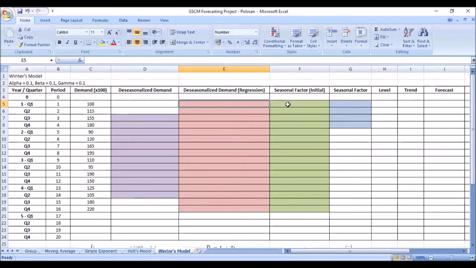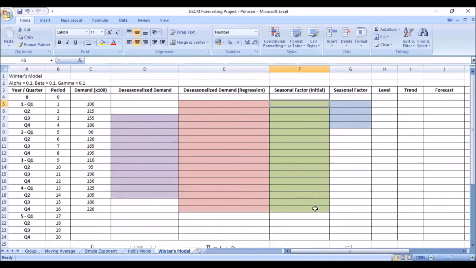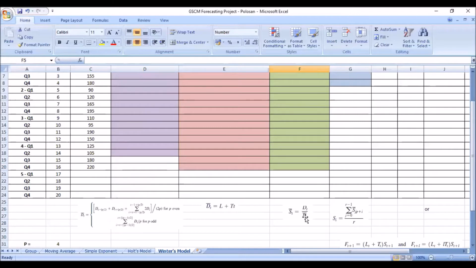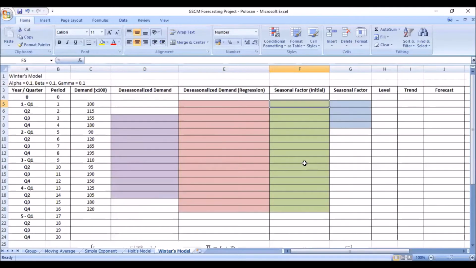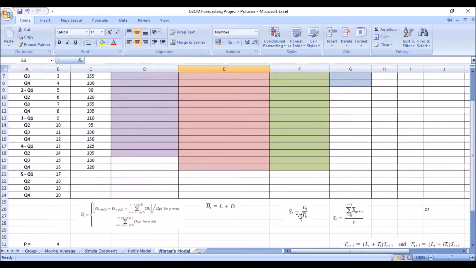Remember, since the Winters model is affected by trend and seasonality, we must take those two into account. After we have found the deseasonalized demand, we can find the initial seasonal factors by dividing the demand by the regression deseasonalized demand. Just don't switch between them.